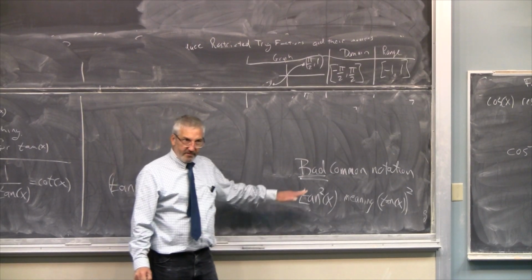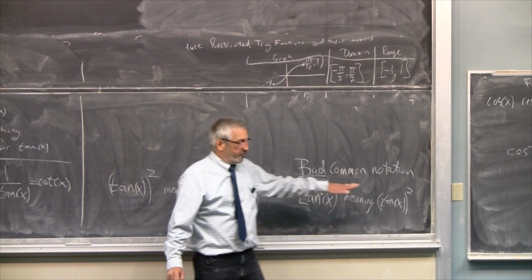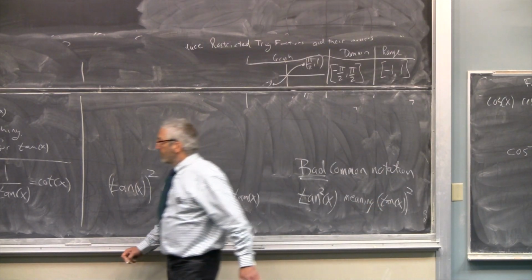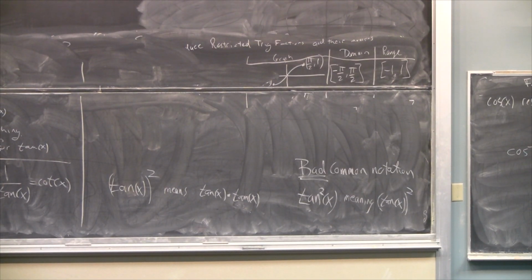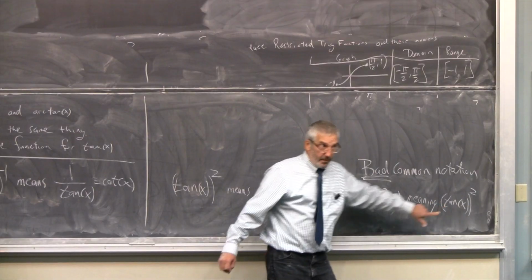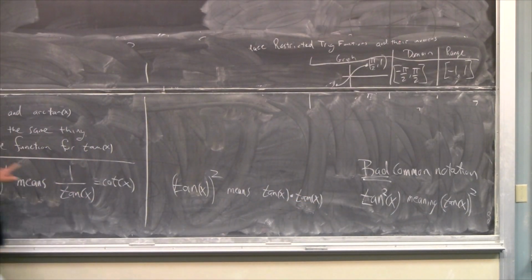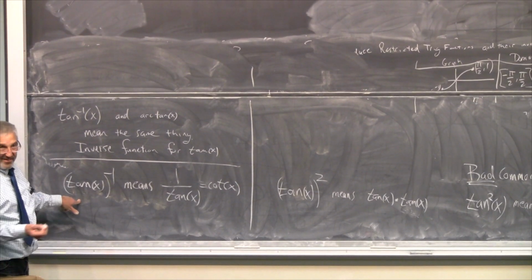The reason that this is terrible is because if you think that this should mean the same as this, then why doesn't this mean the same as this? It's just asking for trouble. If you write this kind of symbol meaning this, then you're asking for trouble, because you're going to look at this and think, well, this also means this, and it just doesn't.